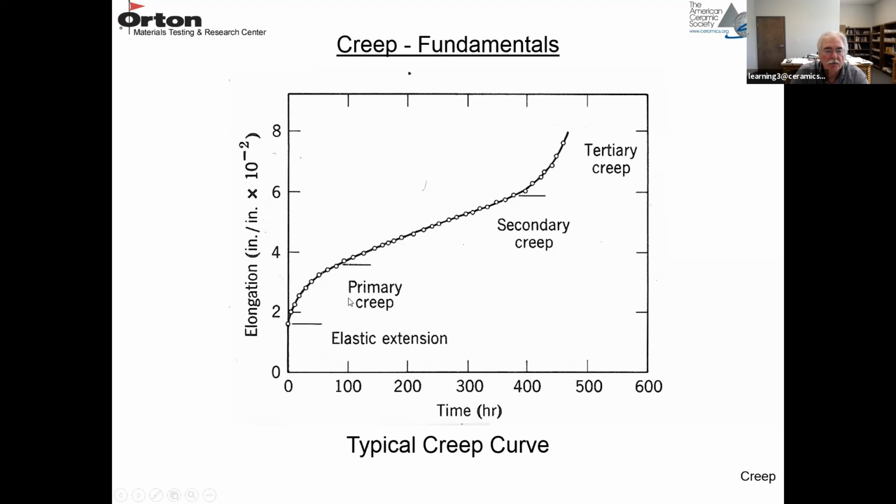The primary creep region, where you have a decreasing creep rate, the secondary or steady state creep region, where it's linear, and then the tertiary or final stage of creep, where it accelerates and then leads to failure. The secondary region is usually the long time region, and that's where you can do a lifetime prediction of how long a sample might last.